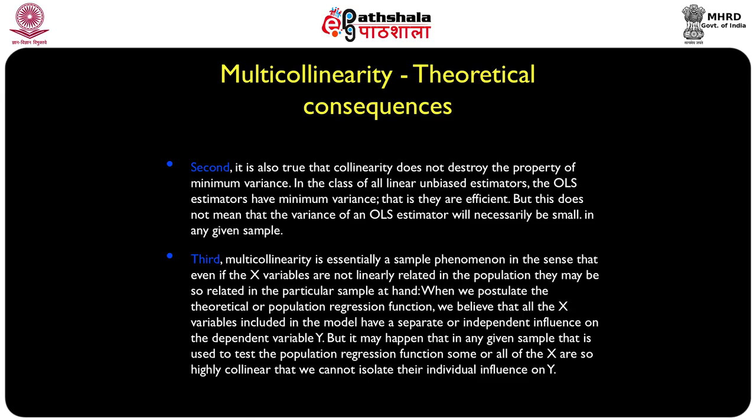When we postulate the theoretical or population regression function, we believe that all the X variables included in the model have a separate or independent influence on dependent variable Y. That is, the effect of one explanatory variable is not related to the influence of another explanatory variable on our dependent variable Y. But it may happen that in any given sample that is used to test the population regression function, some or all of the X are so highly collinear that we cannot isolate one individual explanatory variable from the other.